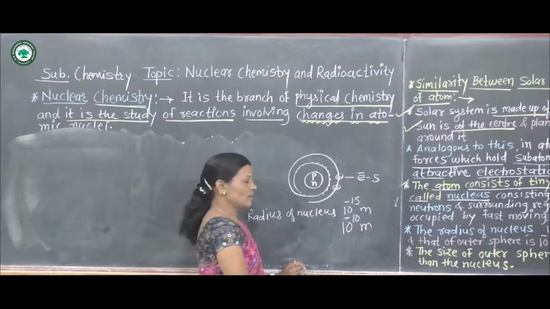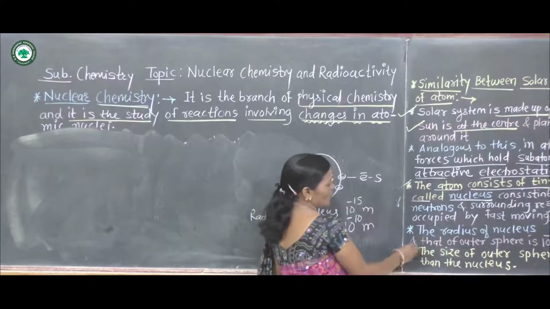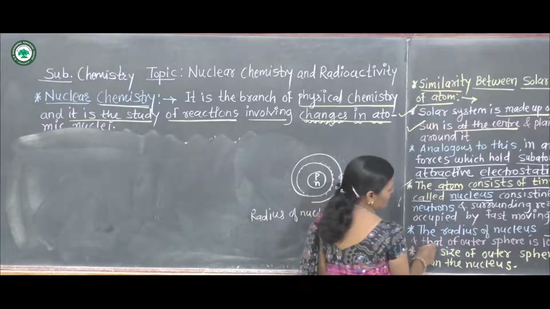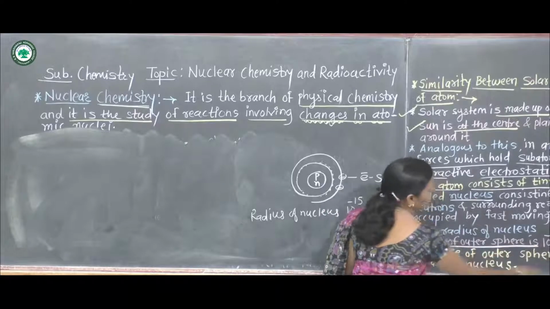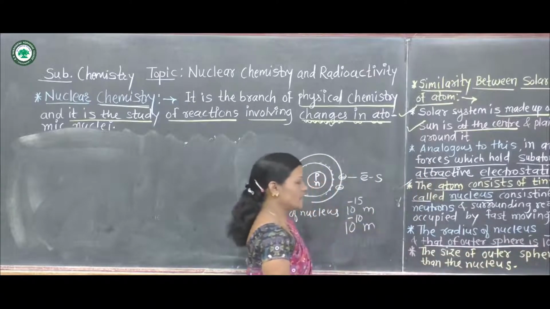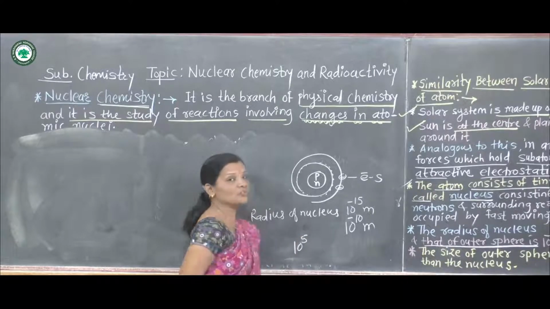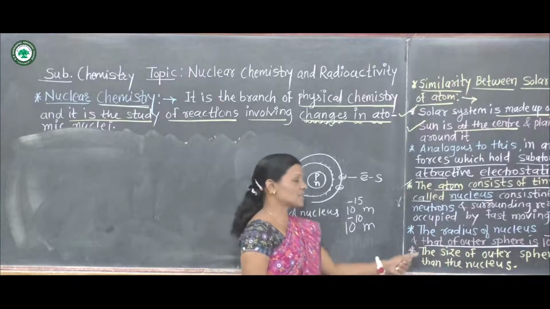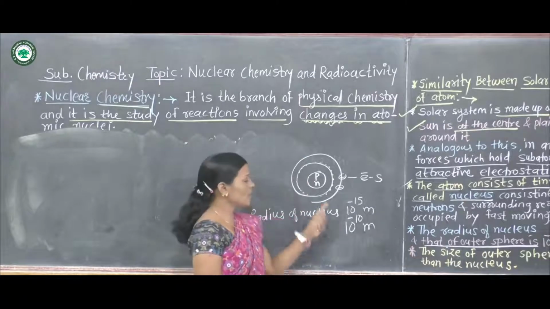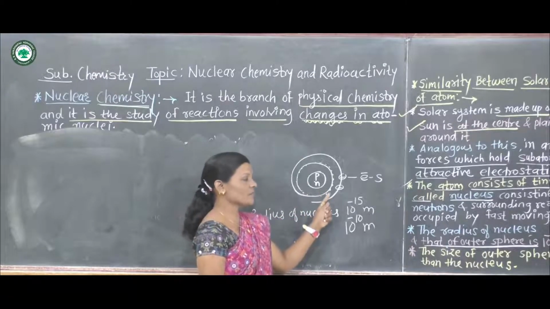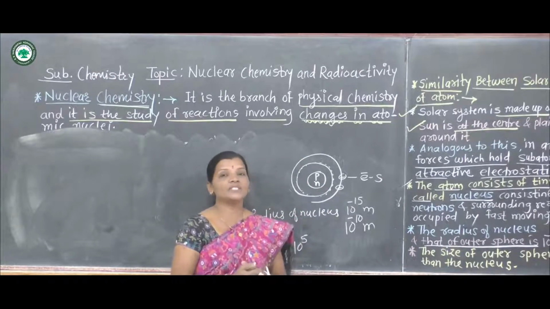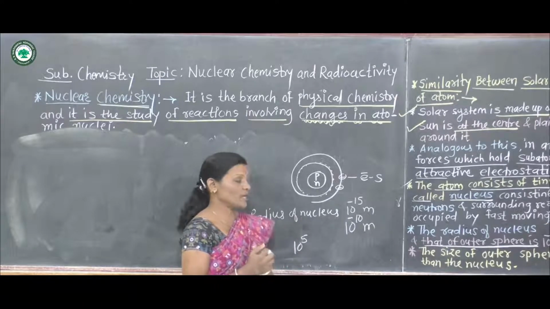So the outer sphere is 10 to the power 5 times larger than the nucleus.